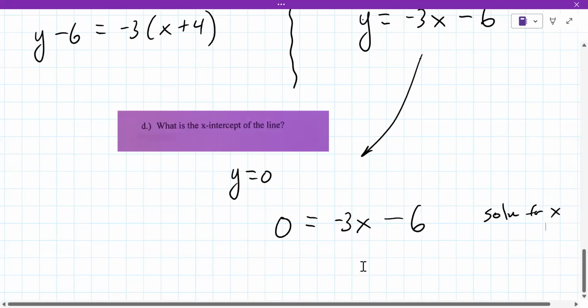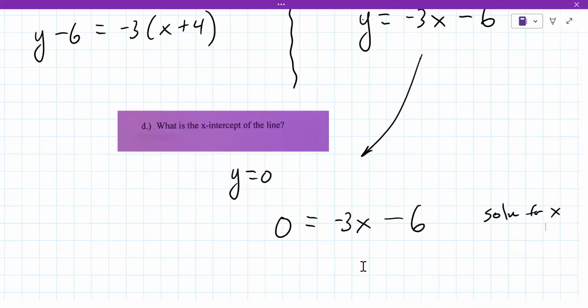And then you add it to the 0 on the other side, right? Yes. You got to get everything away from the x. So it equals 6 equals -3x. And then you would start with dividing by -3, right?